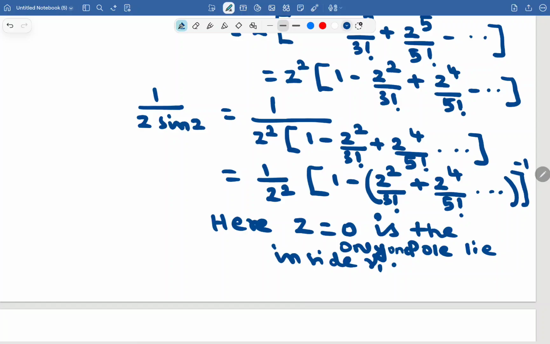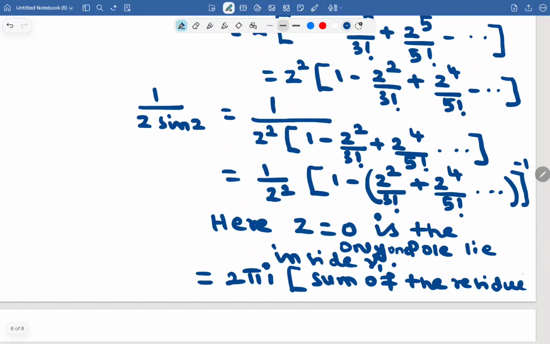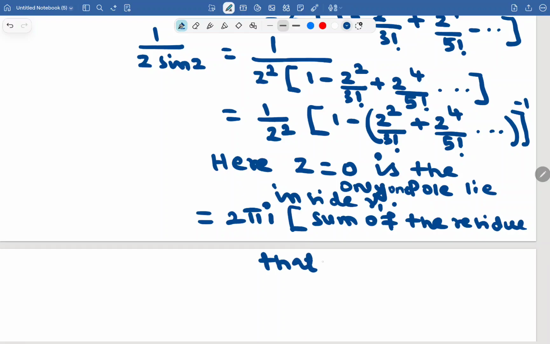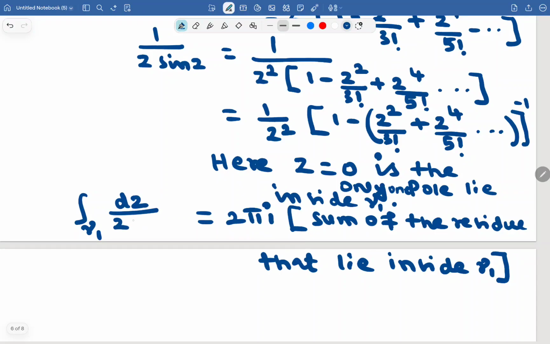By using the Cauchy residue theorem, we can write the integral over γ1 of dz/(z sin z) as 2πi times the sum of the residues that lie inside γ1.